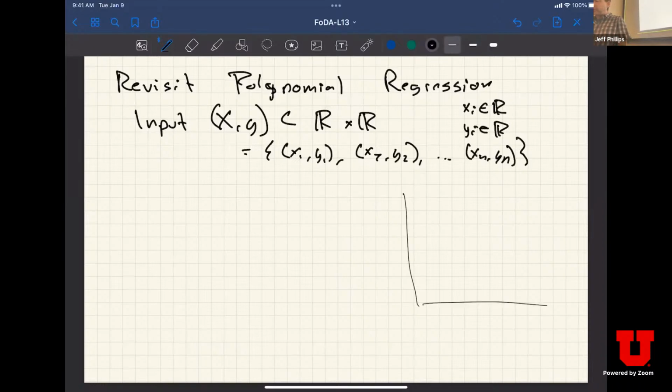Then we can think of the simple plot. We don't need to worry about the high dimensional case. In this plot, we're going to have these data points.